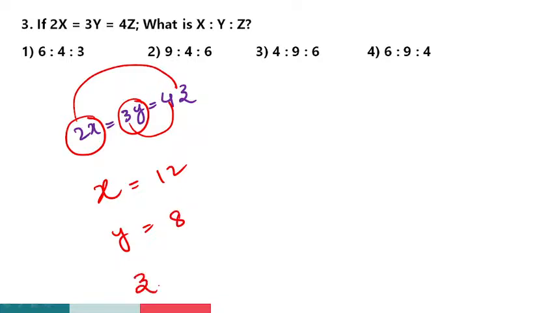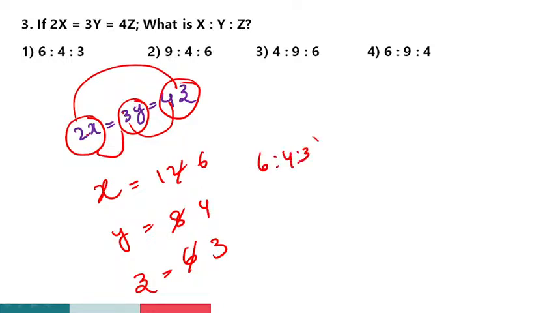If you want to find the z value, just close the z, multiply the remaining numbers: 2 3s are 6. Let me calculate. 2 3s and 2 4s and 2 6s. The final answer is 6:4:3.